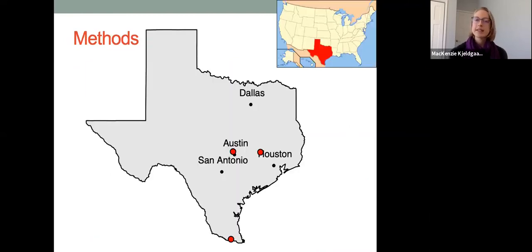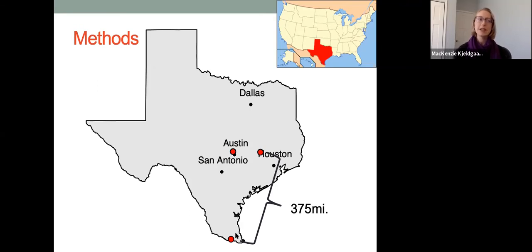To do this, I sampled from 3 main locations in Texas, the first being around College Station, which is right where Texas A&M University is, the second being just outside of Austin, and the third being way down south, right on the border of Texas and Mexico.